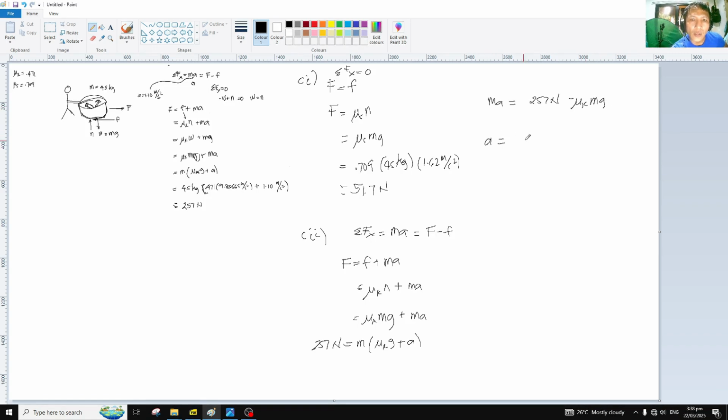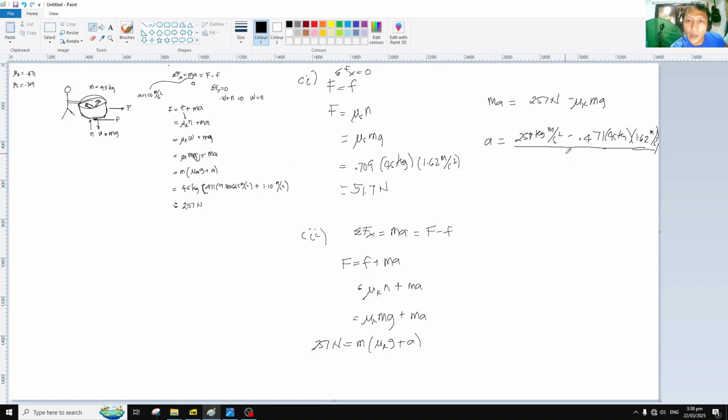Then acceleration would be equal to 257 Newtons minus mu k, which is 0.471, the m is 45 kilograms, and the g on the moon is 1.62 meters per second squared, all divided by 45 kilograms.